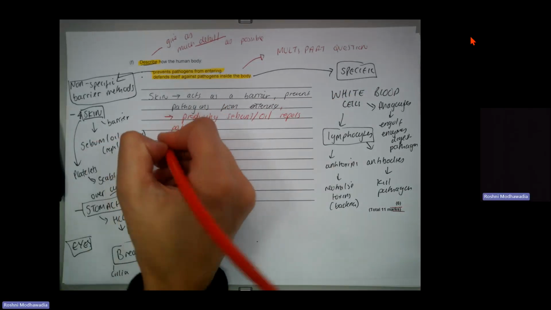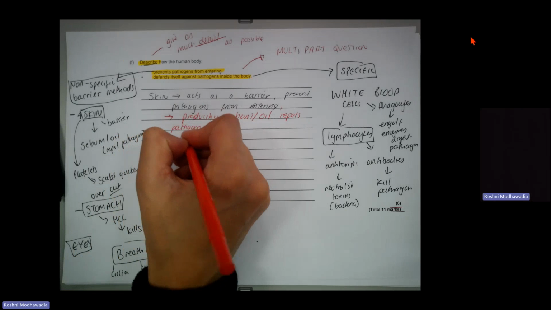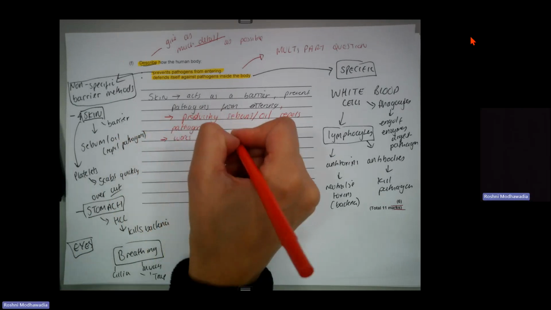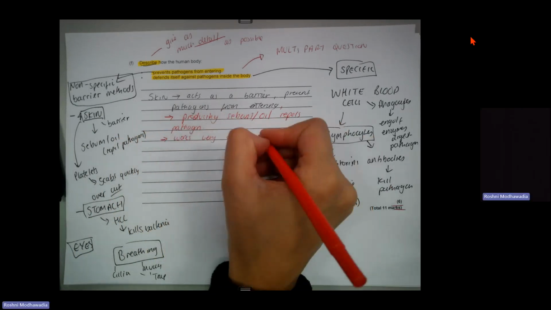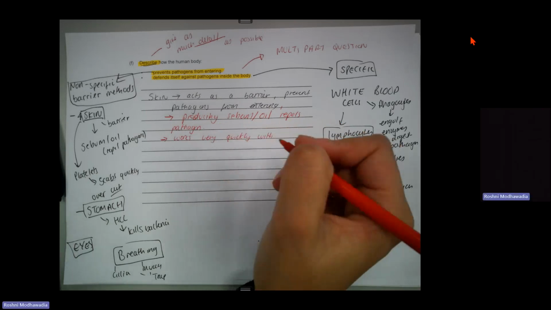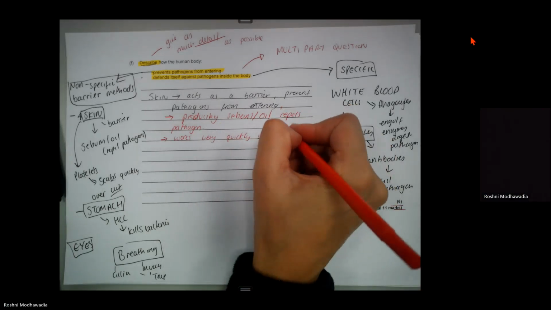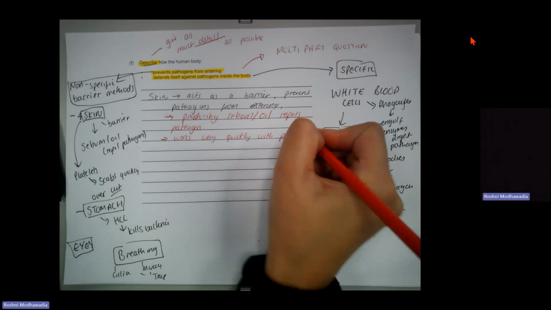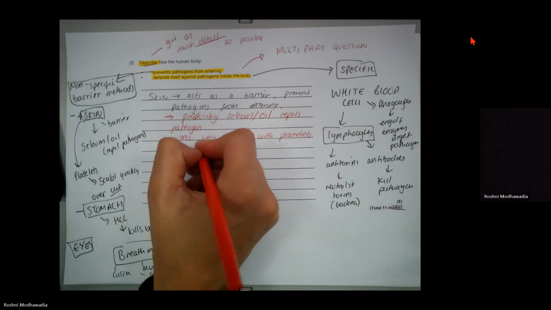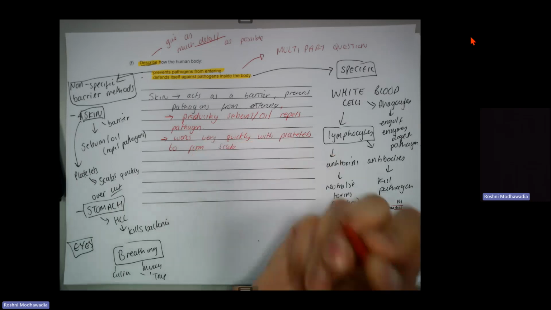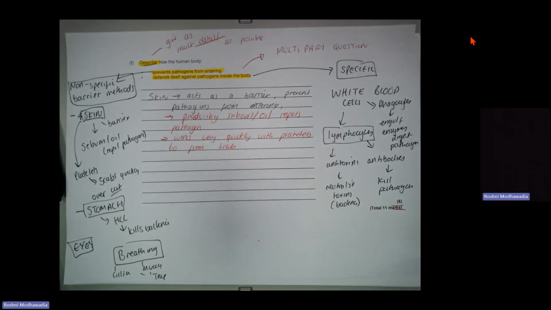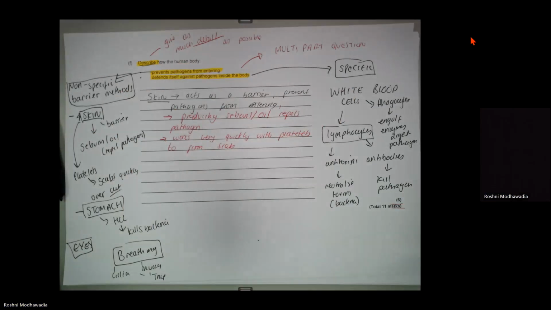Our skin also works very quickly or rapidly with platelets to form a scab over a cut. This scab means that, again, that broken barrier has been sealed and we can stop any bacteria entering. So that's all my knowledge about skin.